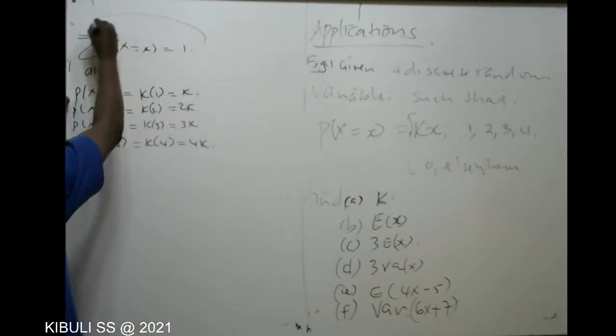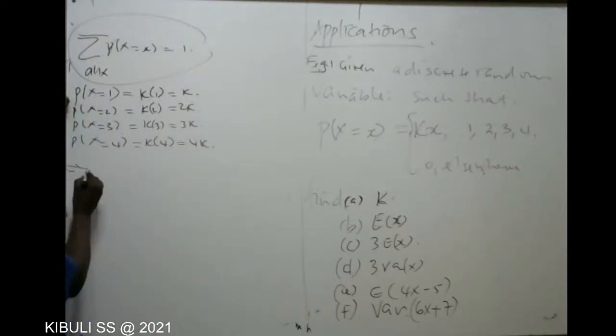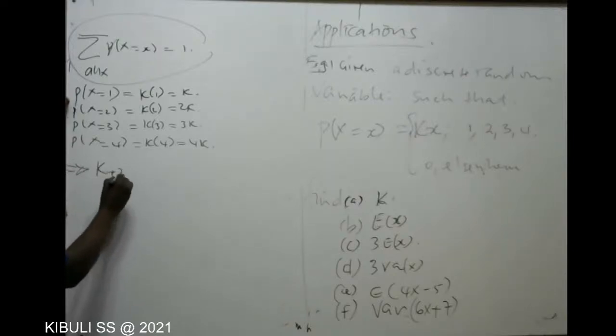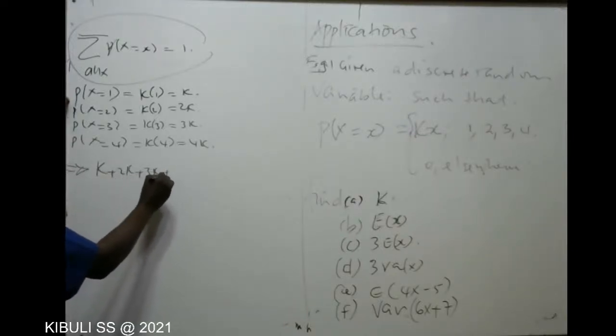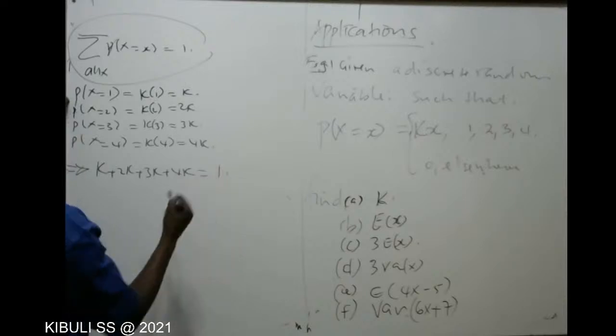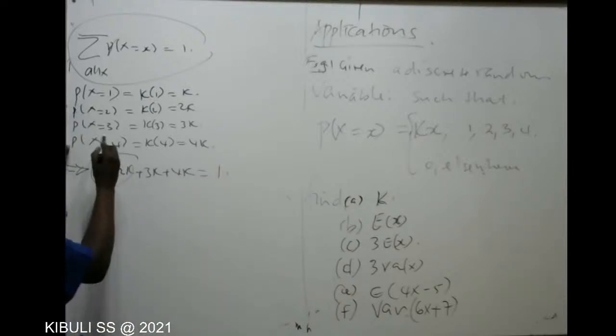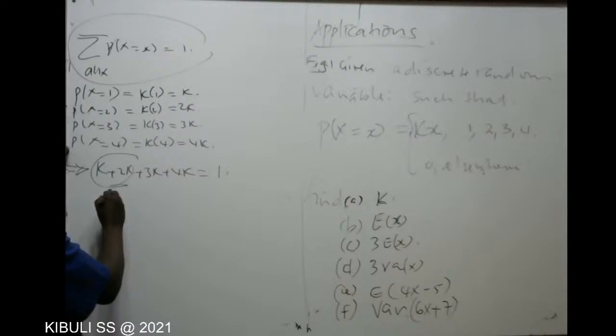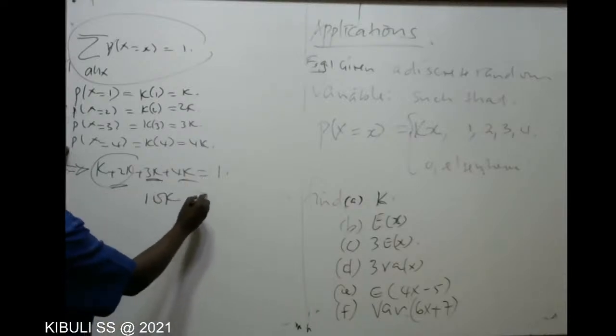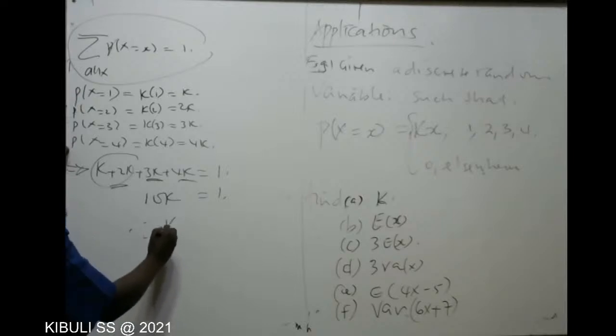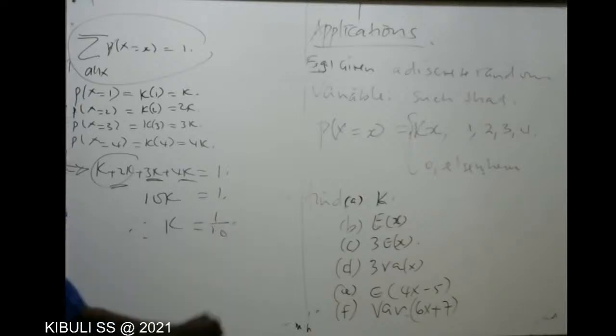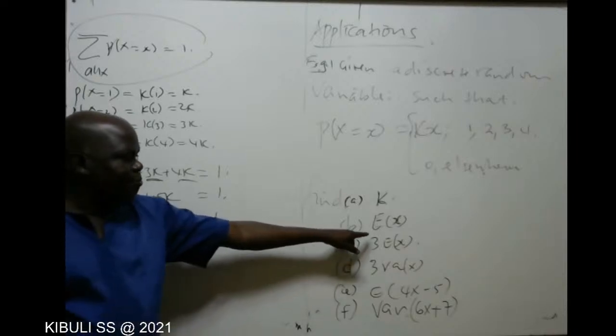Now, since this is true, k plus 2k plus 3k plus 4k is equal to 1. When you add, that gives us 10k is equal to 1. Therefore, our k is equal to 1 out of 10.